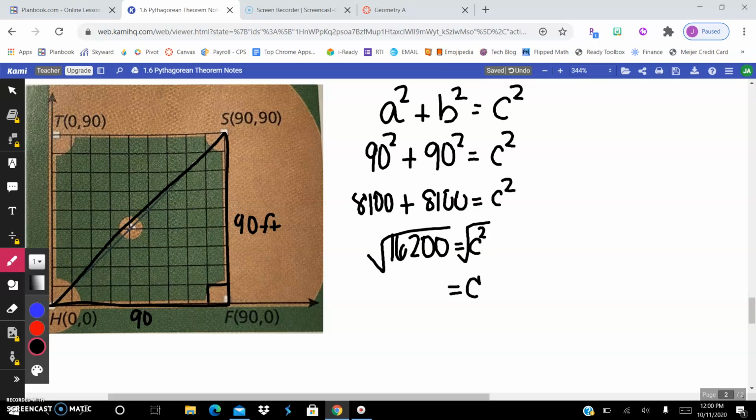And the square root of 16,200 is roughly, so I shouldn't put an equal sign there because we're going to have to estimate, and the direction said to the nearest tenth. It's about 127.3, and this is all in feet. So if you were throwing from home to second base, you would have to throw the ball 127.3 feet.